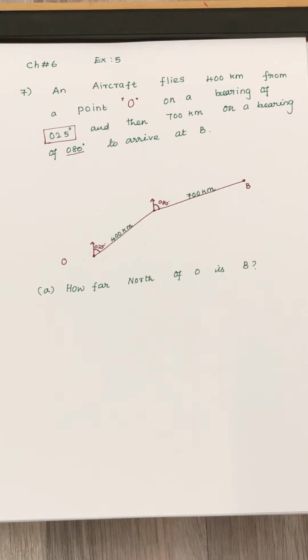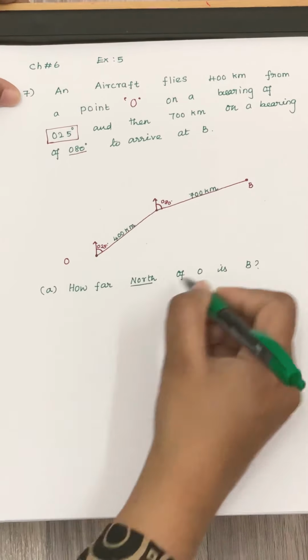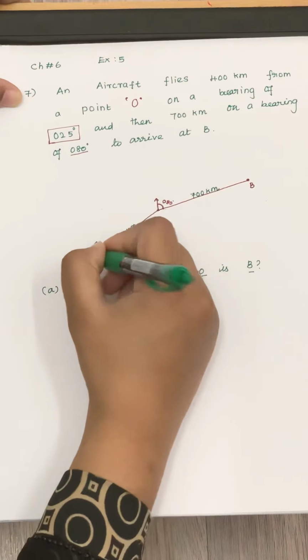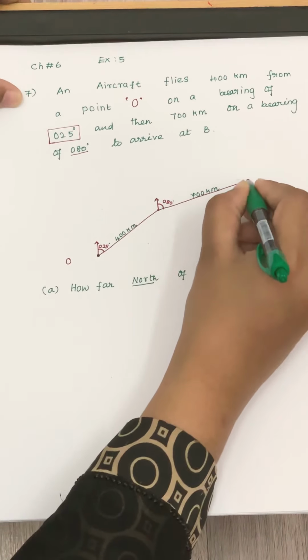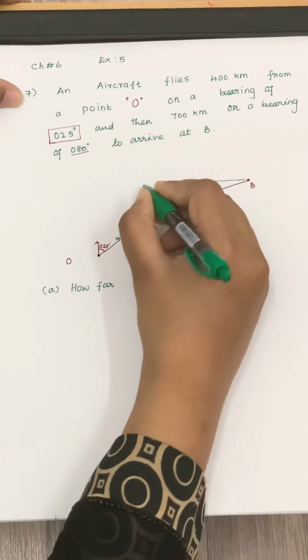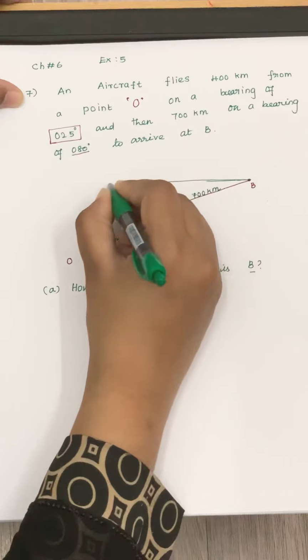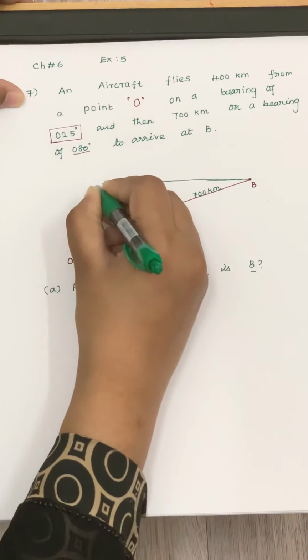What direction they are telling you, and from which point to which point, that is important. So the direction is north, and O to B. Start from the point O and move in the north direction until the point exactly in line with B. So you have to travel the north direction like this.